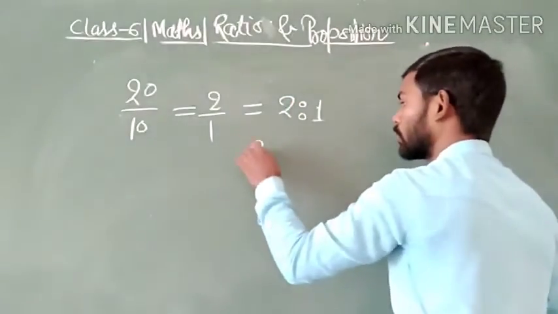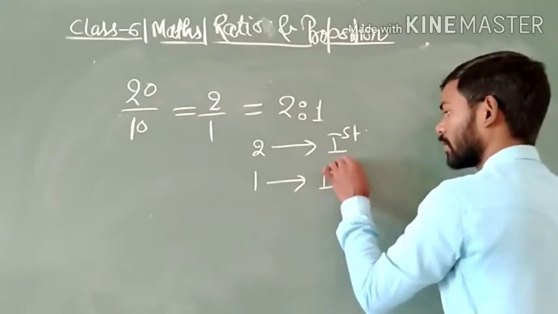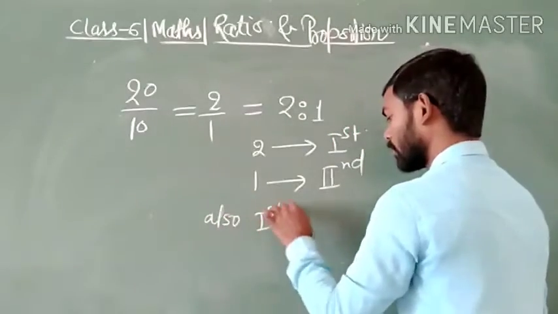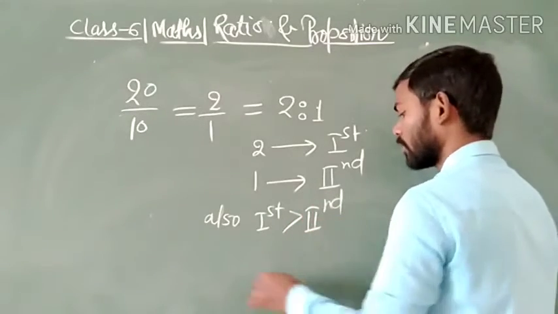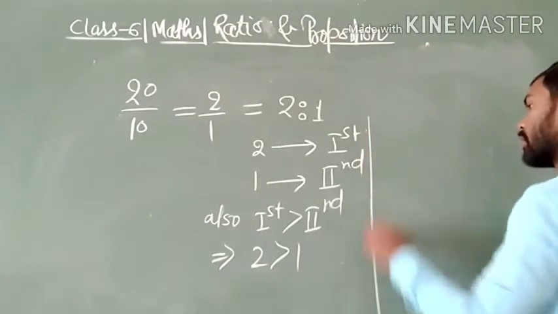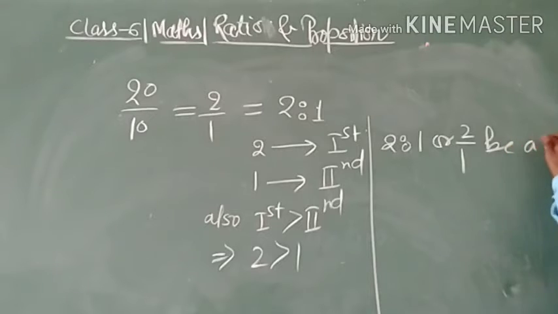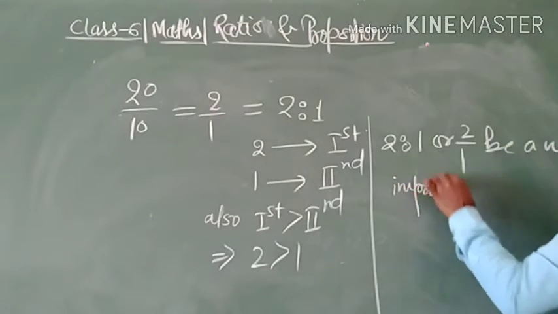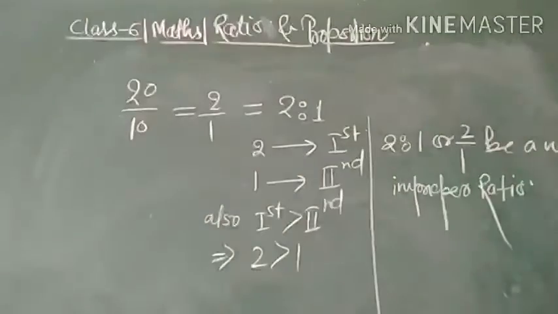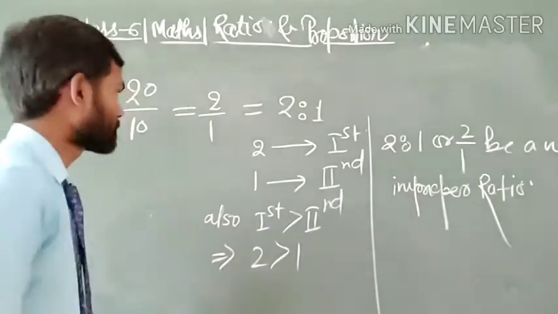Okay, where 2 represents the first term and 1 represents the second term, and the first term is greater than the second term, which means that 2 is greater than 1, and hence 2 is to 1, or 2 upon 1, is an improper ratio.